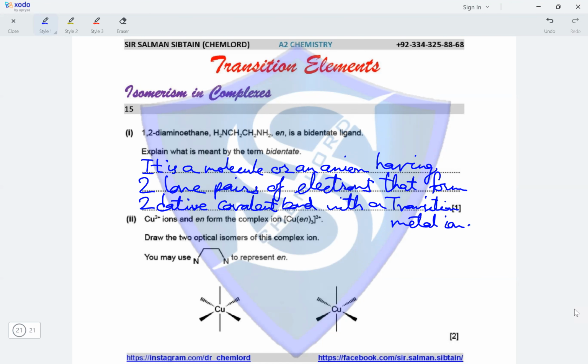Next, Cu2+ ion and en form the complex [Cu(en)3]2+. Draw the two optical isomers of this complex. You may use the skeletal formula to represent en. So, we need to draw optical isomers, which means we will color code the en to understand which position the mirror images are for each molecule.